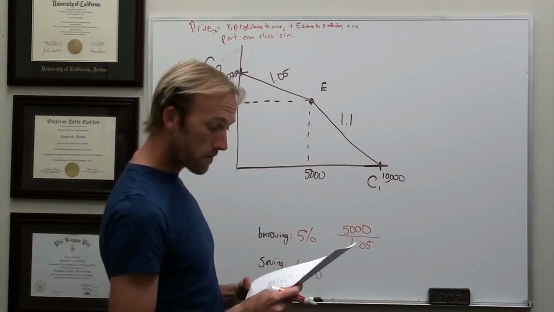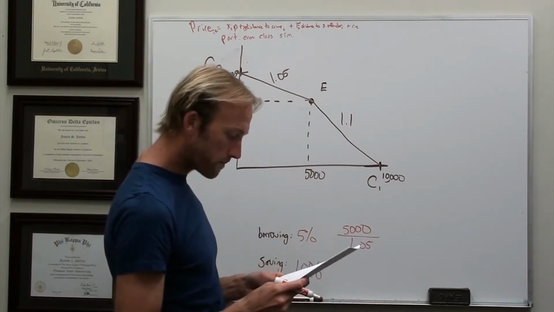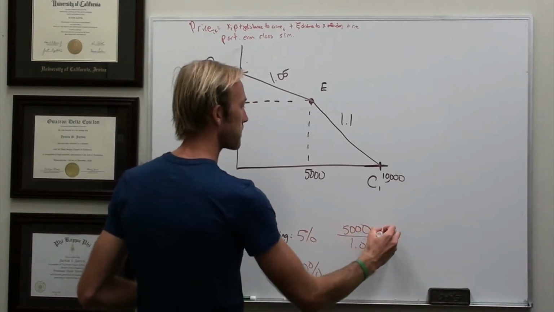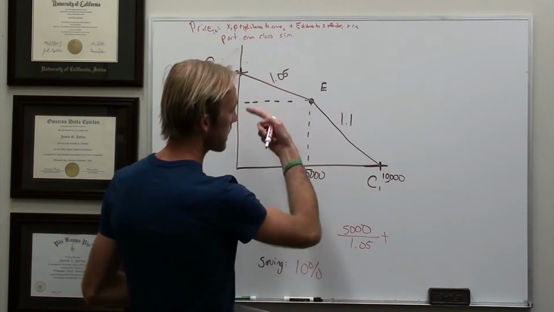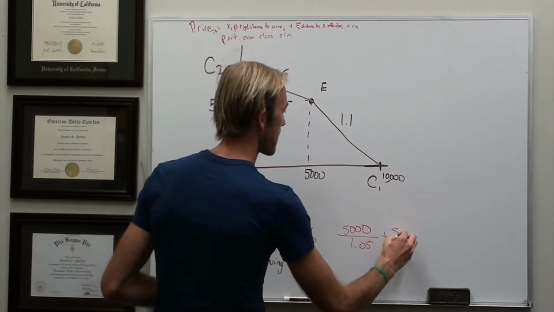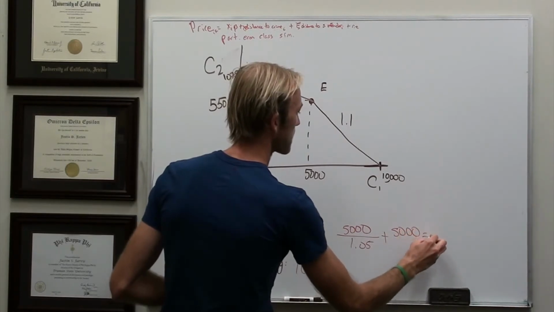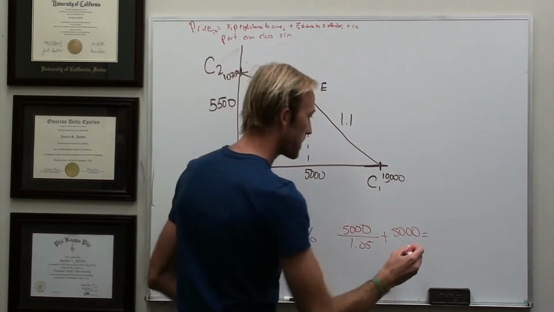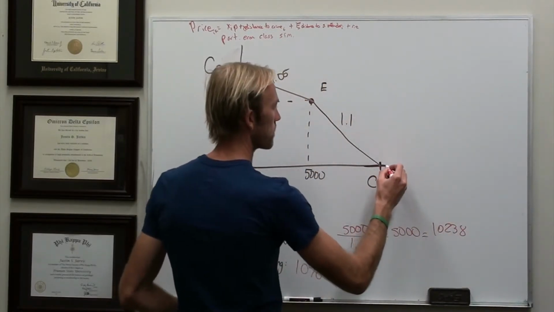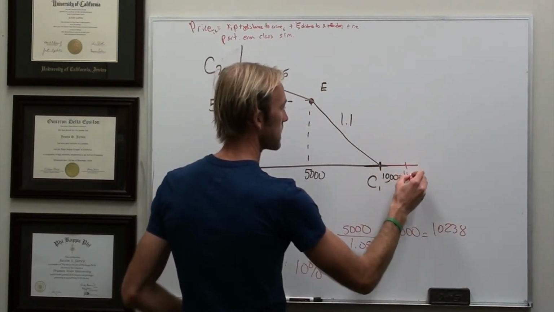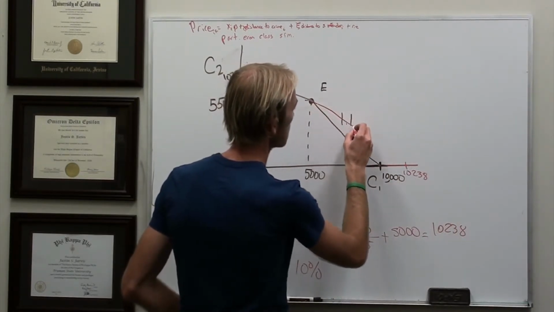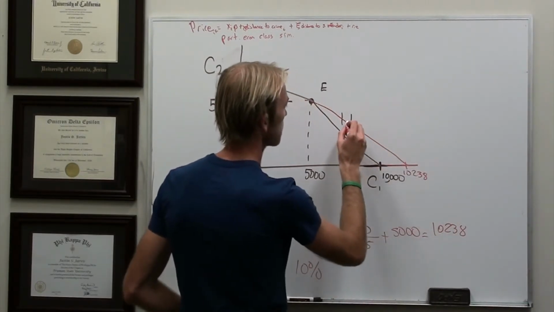That's actually going to be a bigger number than 5,000 divided by 1.1. When I add 5,000 divided by 1.05, the amount the bank would loan me on next period's income, plus the $5,000 I have from my income this year, that's going to give me $10,238. So let me extend this axis a little bit. 10,238.